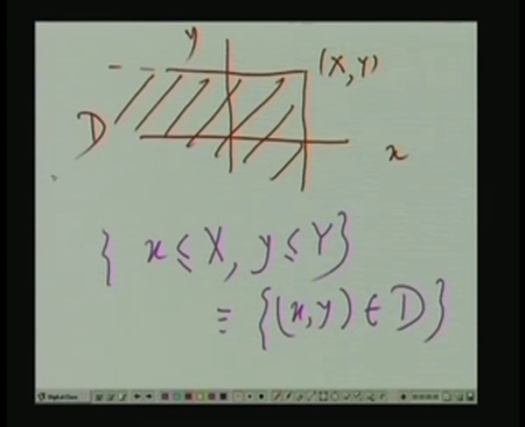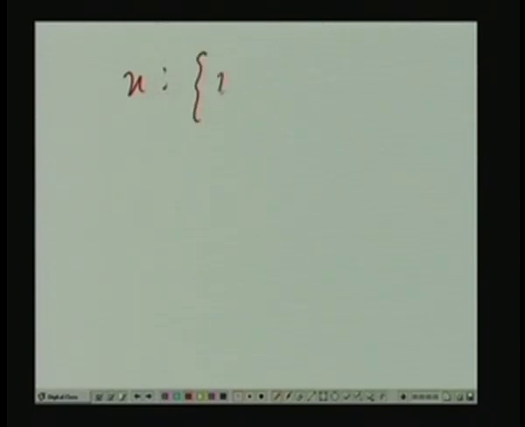Obviously, within this area, this holds for discrete variables also. Suppose x and y are two discrete variables. X takes values from this set, Xi, Xj, and like that.